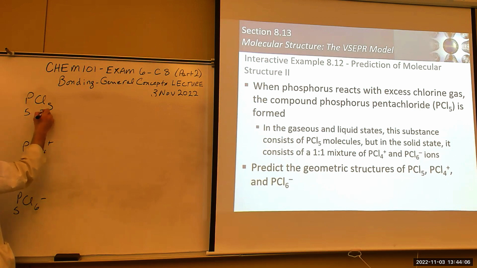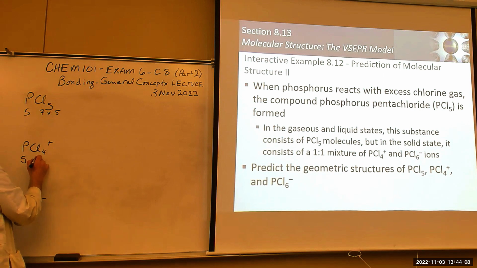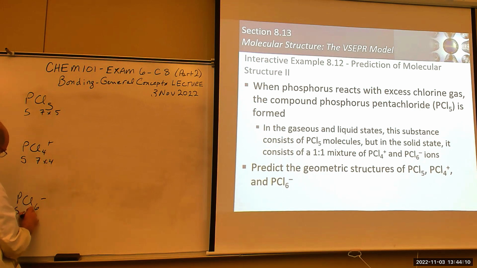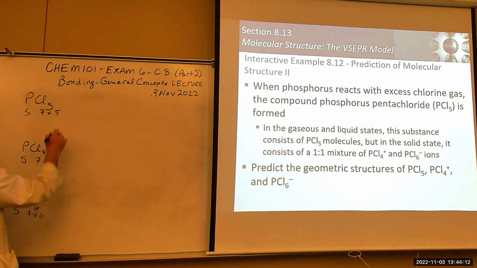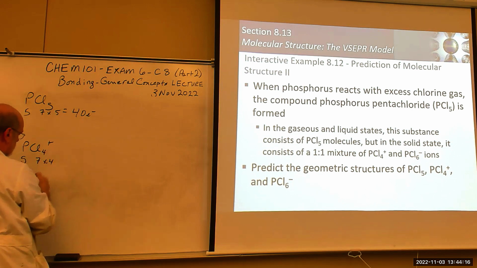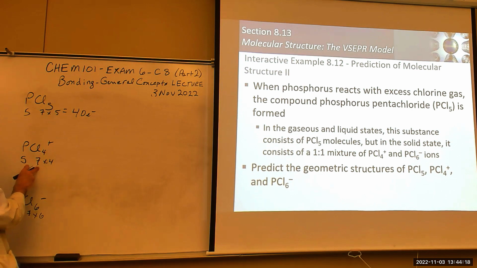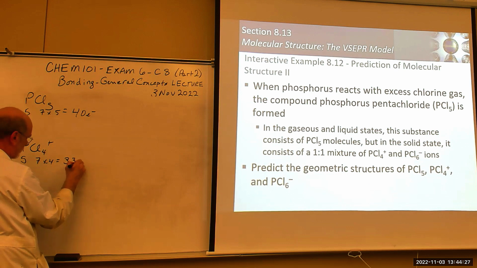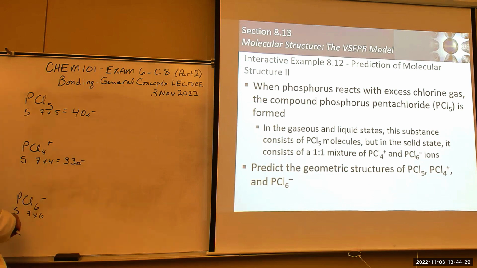This is 7 times 5. This is 7 times 4. This is 7 times 6. So the total here is going to be 40 electrons. This one's going to be 4 times 7 is 28, 33. Yeah. And this one's going to be 47.